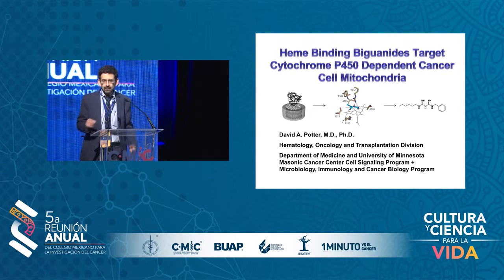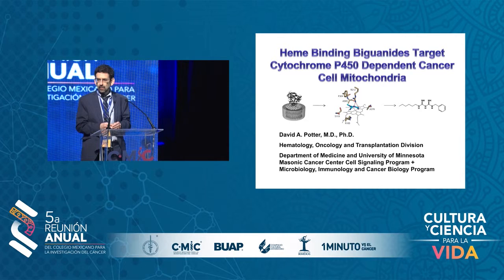So this introductory slide covers some of the structural biology that's the basis for the project that I'll be presenting today. On the left-hand side, you can see a cytochrome P450 nanodisk from Dr. Steven Sligar's lab at the University of Illinois.